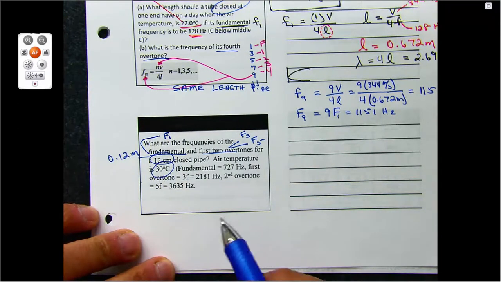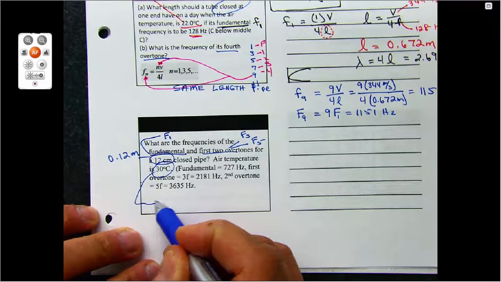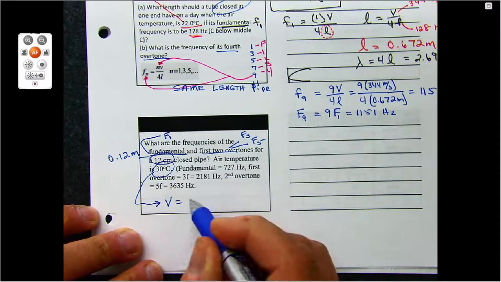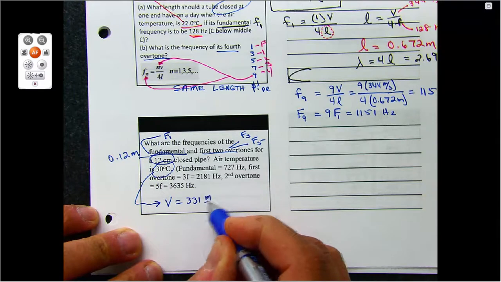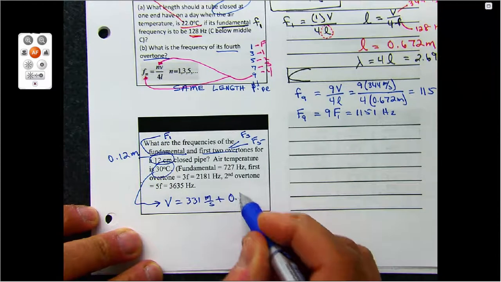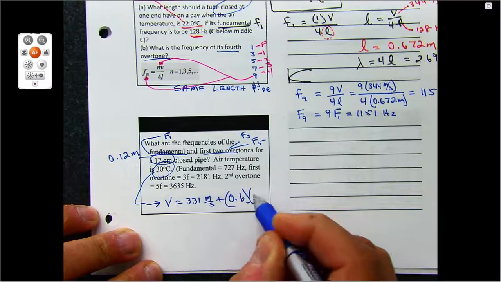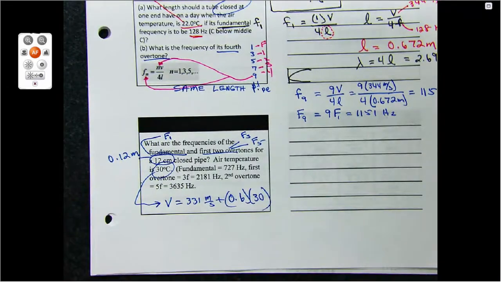My air temperature is 30, so my speed should be 331. That's going to add 18. We're going to be at 349, right?